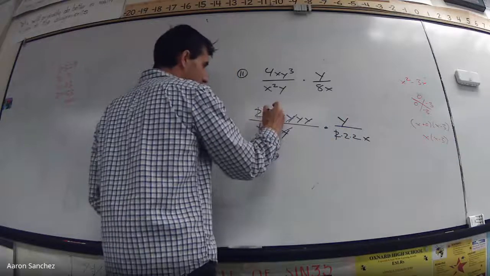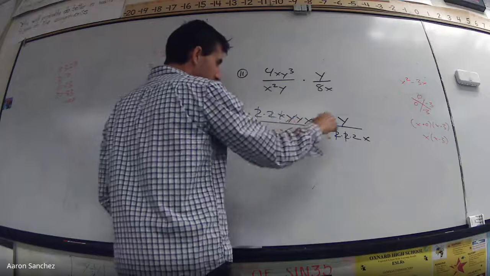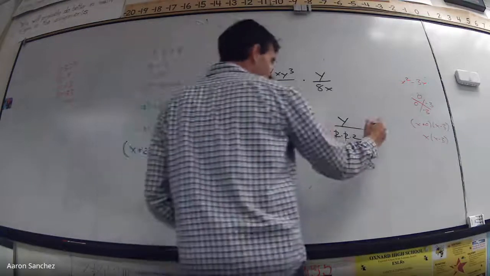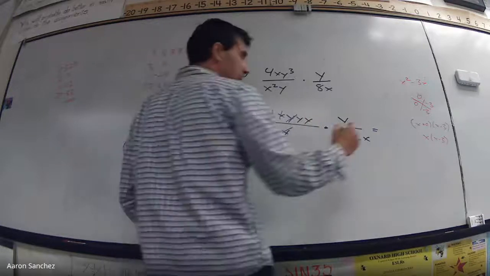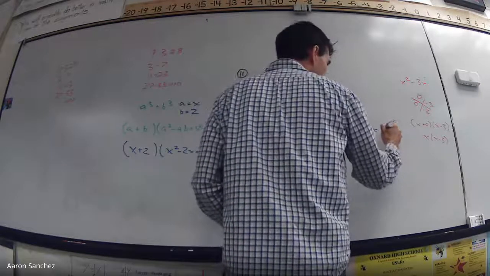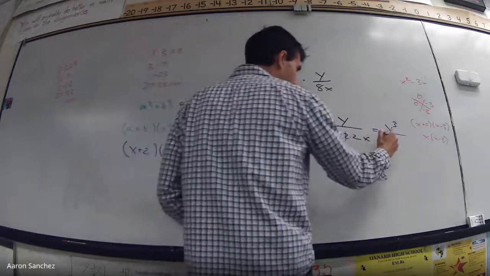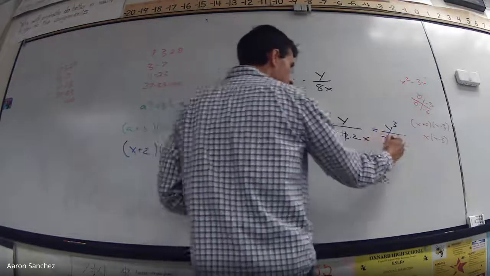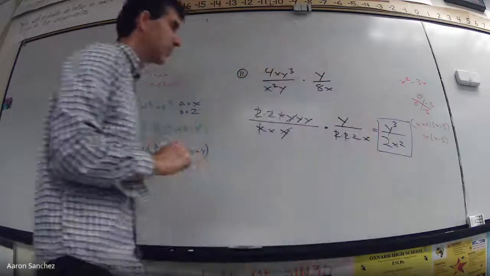I have a 2 on the top, I have a 2 on the bottom. Is there anything else I can cross out? I think I'm good. What do I have left over? 1, 2, 3 y's in the numerator. That becomes y cubed. And what do I have in the denominator? 2 and 2 x's. And that's your answer. We just multiplied those.